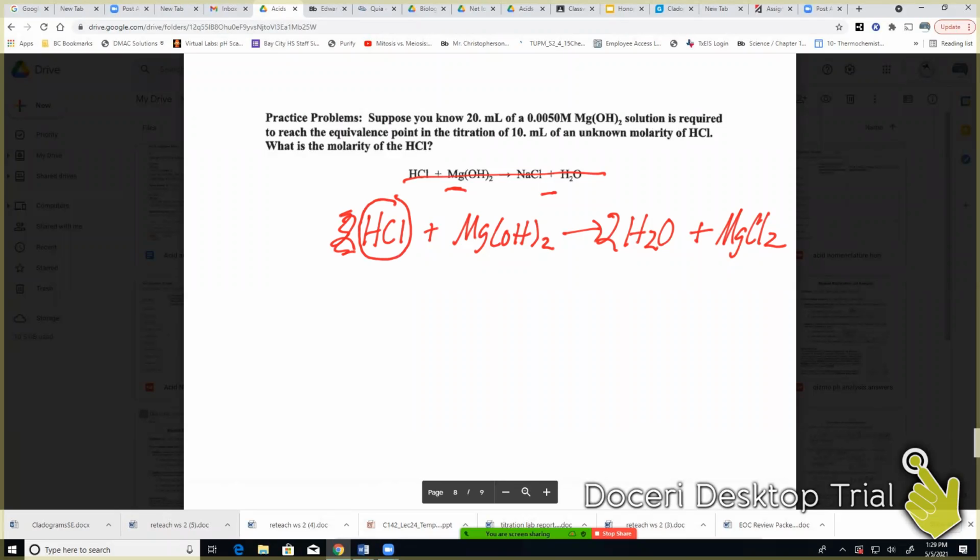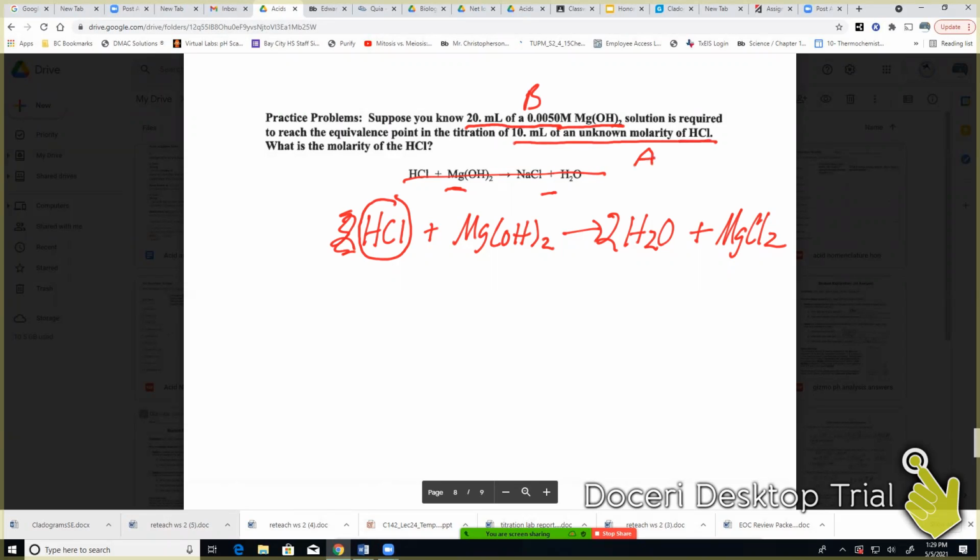All right. It says, suppose you know that you have 20 mL of a 0.0050 molar magnesium hydroxide. That's all my base information. And that's what is required to reach the equivalence point in the titration of 10 mL of an unknown molarity of hydrochloric acid.